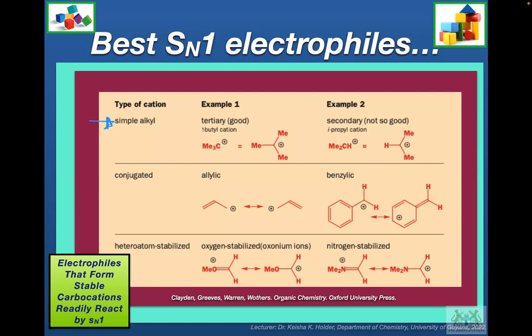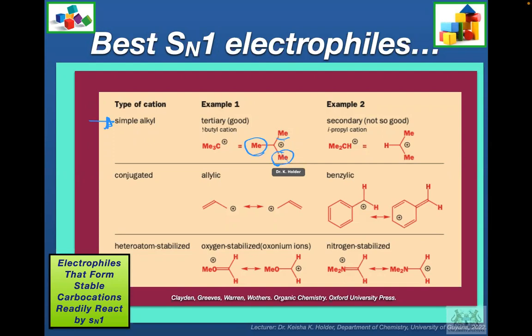And so we see that here, where our carbon center is positively charged, and you have three substituents, three alkyl substituents. We have the methyl groups, and this is what we would call a tertiary substituted electrophile.